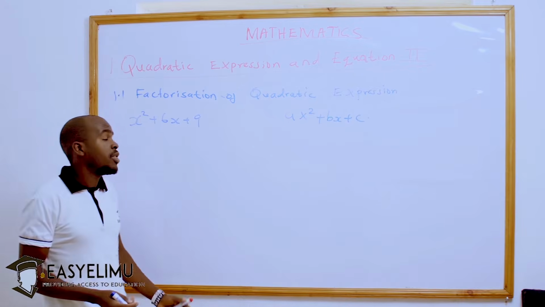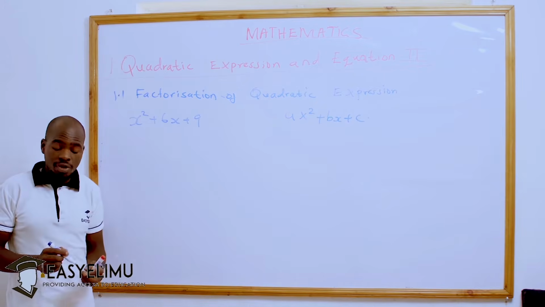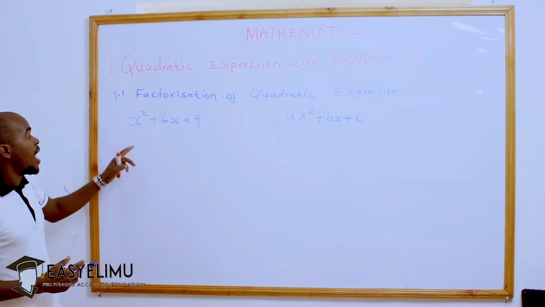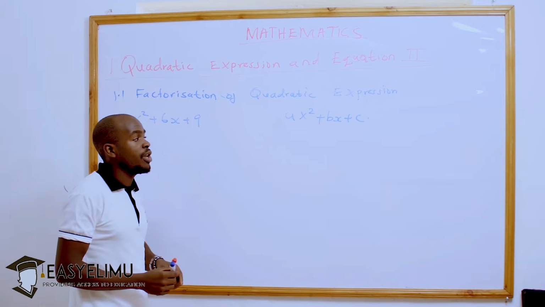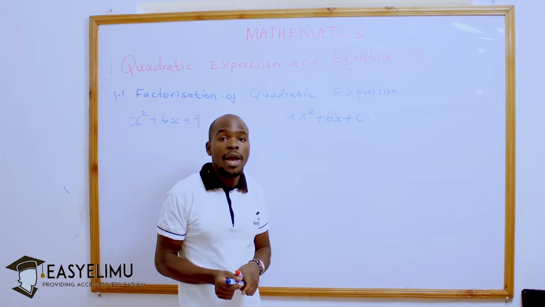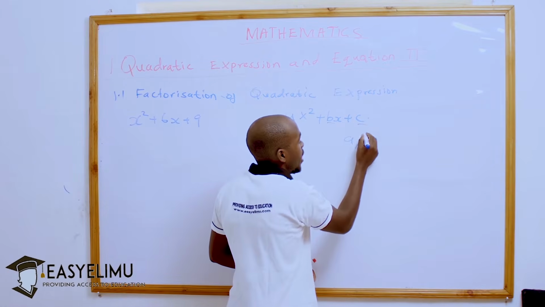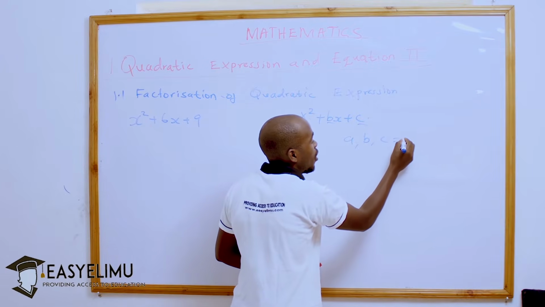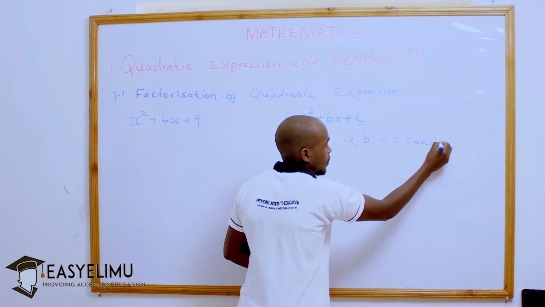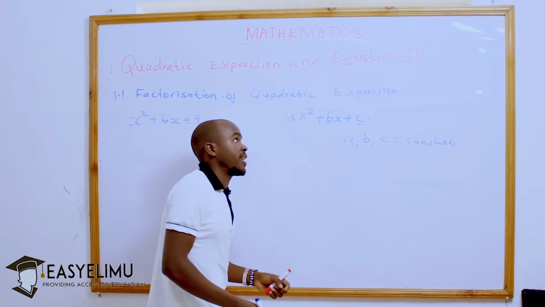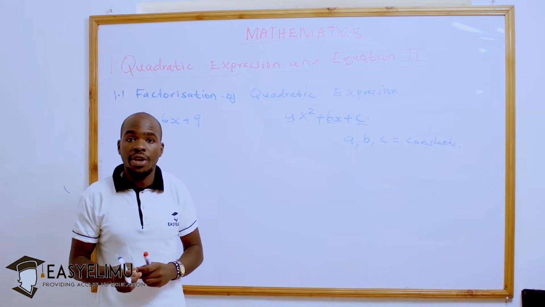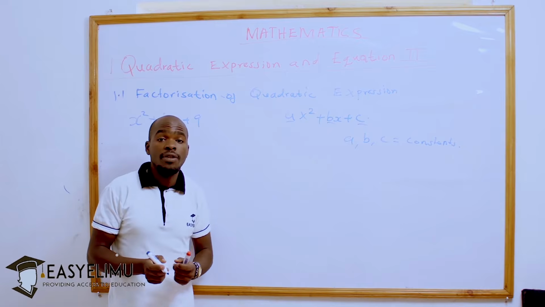If we compare the coefficients, a, b, and c are all constants. They are given constants, but x is the only variable here.